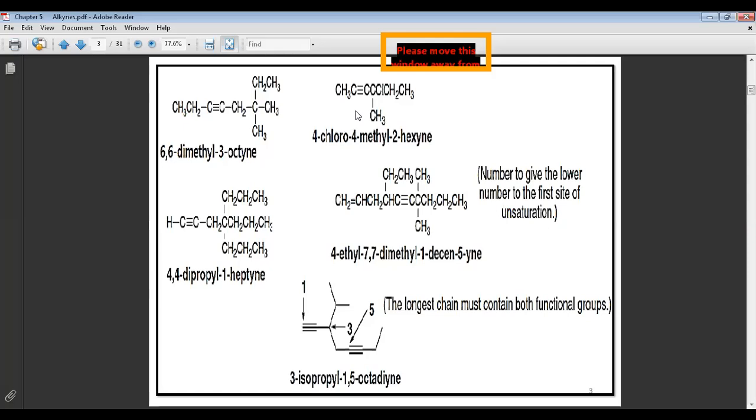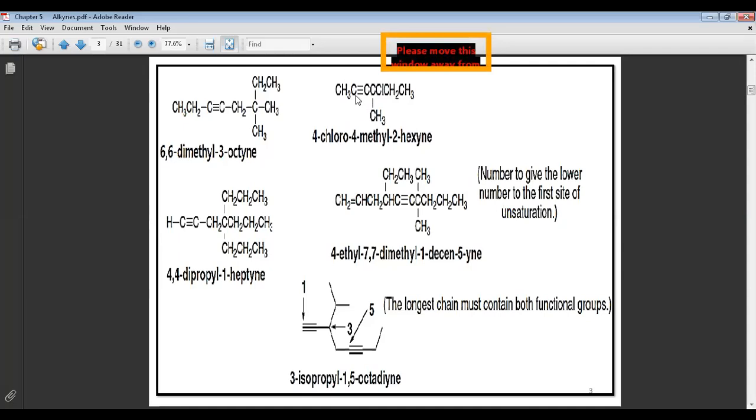Also this one, what do we have? 1, 2. That means the triple bond starts from carbon number 2. 1, 2, 3, 4. On carbon number 4 we have a methyl and a chloro. Then 4, 5, 6. 6 carbons means hex, hexyne.